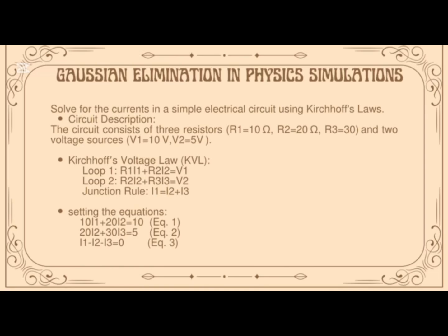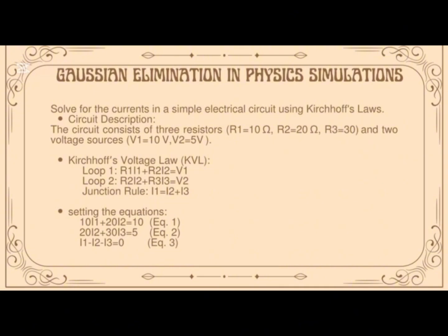As we can see here, we have an electrical circuit where R1 equals 10 ohms and R2 equals 20 ohms and R3 equals 30 ohms, in addition to two voltage sources, where V1 equals 10 volts and V2 equals 5 volts. According to Kirchhoff's voltage law, we have two equations in loop 1 and loop 2, where V equals IR.